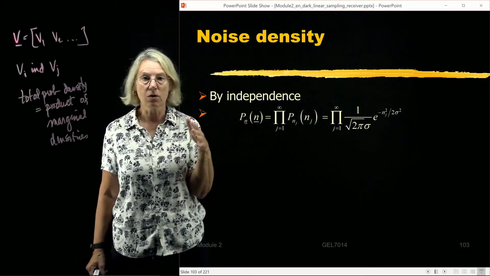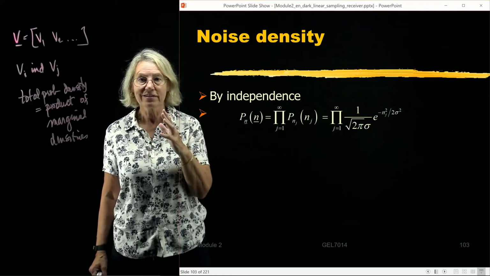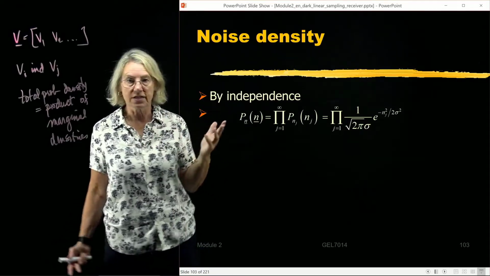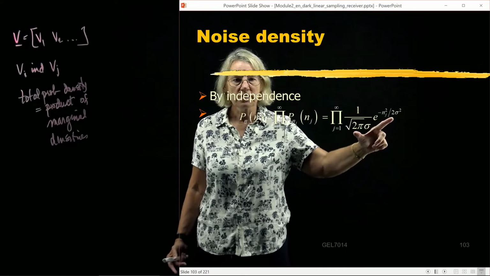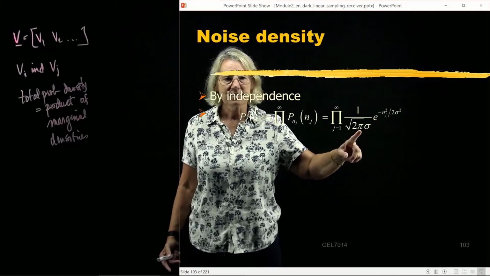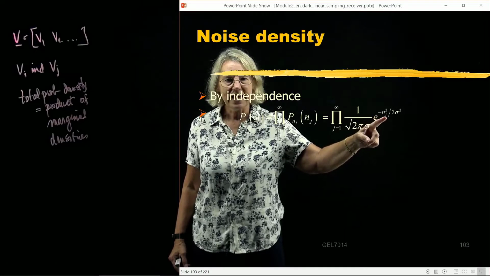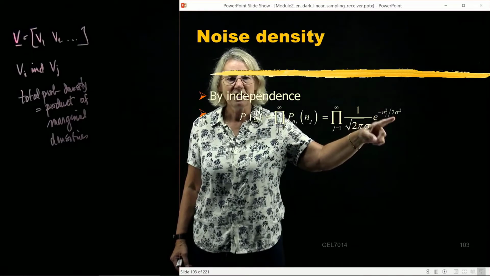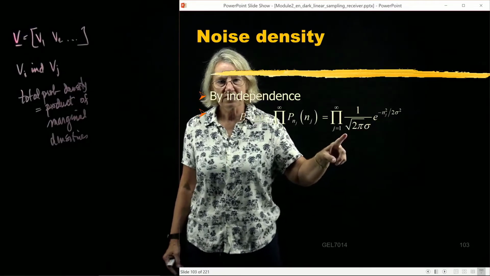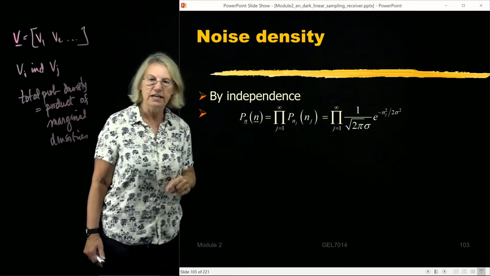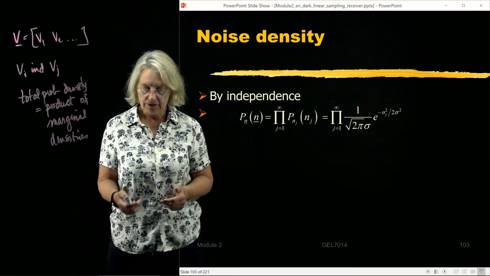That means everyone is zero mean, everyone has the same variance of n0 over 2, which we call sigma squared. Therefore, each one's density is one over the square root of 2 pi times sigma, exponential of minus nj squared divided by 2 sigma squared, but I have to take the product over j equal 1 to infinity, all of the elements in this vector.